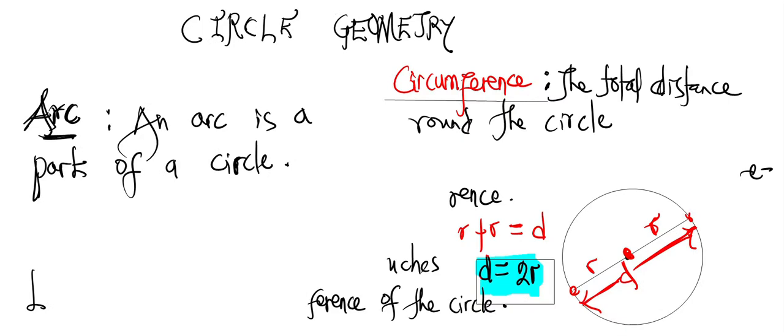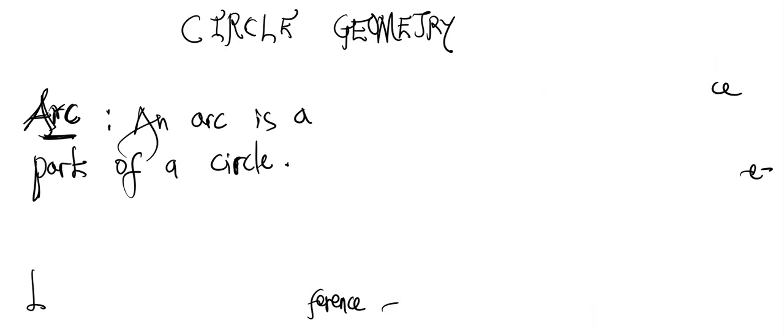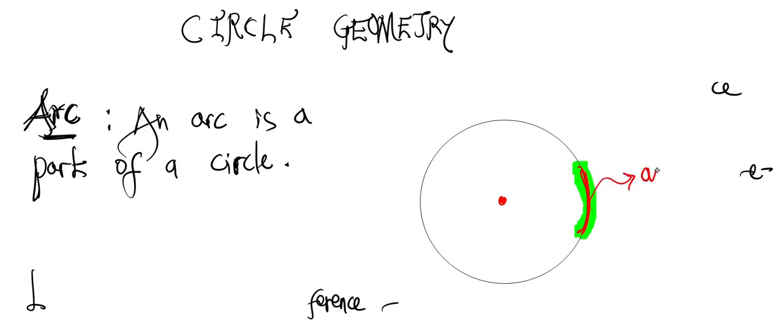So let's say we have a circle. We have the center of the circle. Now this part of the circle is an arc. So this is an arc. This part of the circle is also an arc.